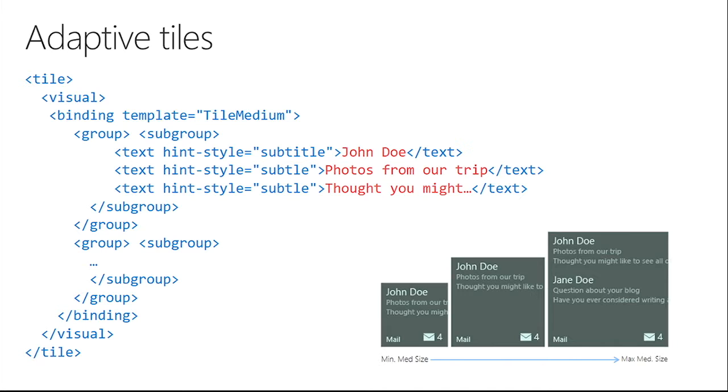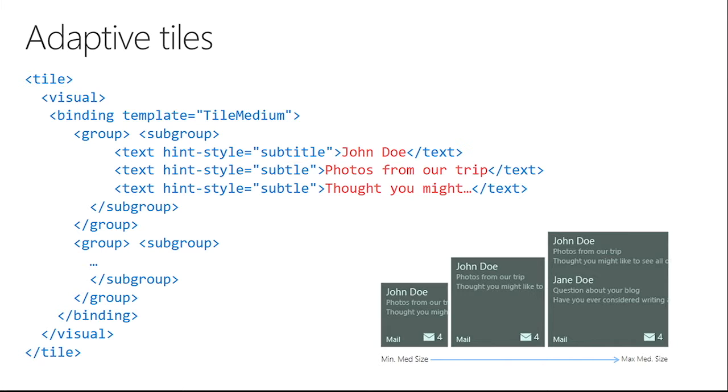Here's a tile, and the idea is that it's a lightweight XML. It's not XAML. It's lightweight XML, and you can use this to suggest the content for the tile, and the tile template engine will take everything you define in this XML and will do its best effort at displaying it in a way that makes sense.